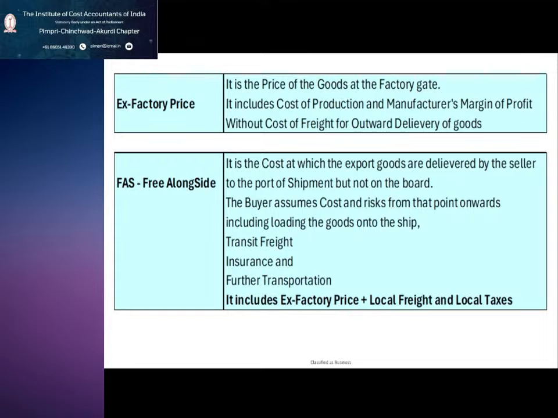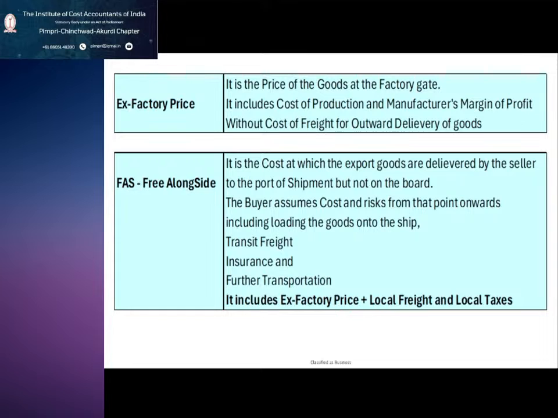From the port, Mumbai port. My shipment is only till Mumbai harbor, but when the same goods are loaded onto the ship, from that point the risk starts, including loading the goods onto the ship.